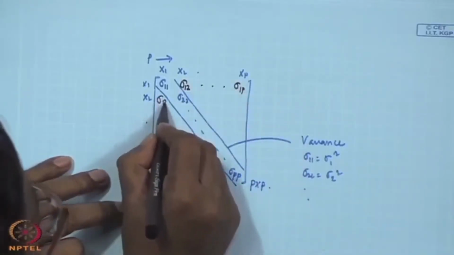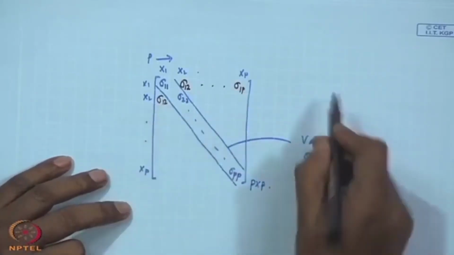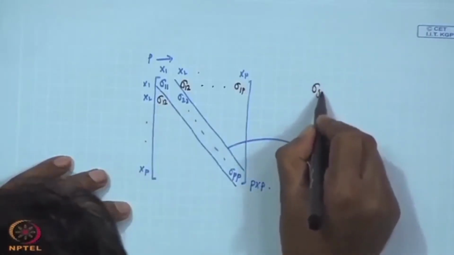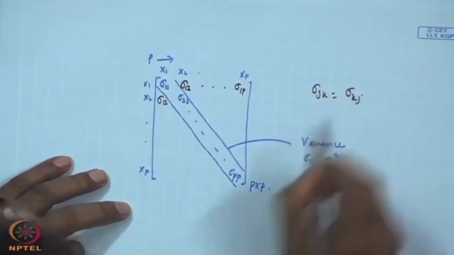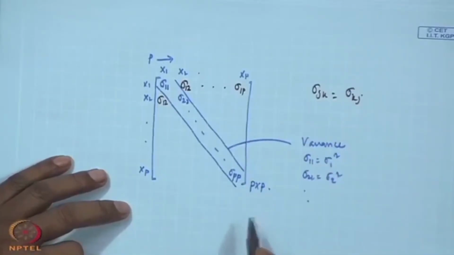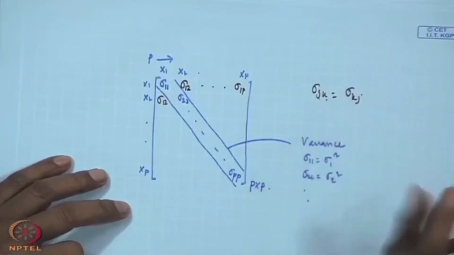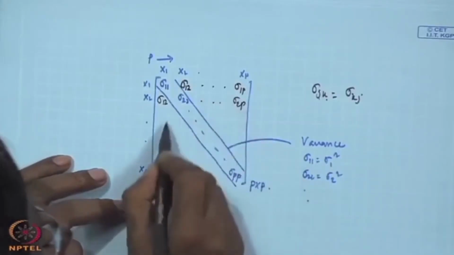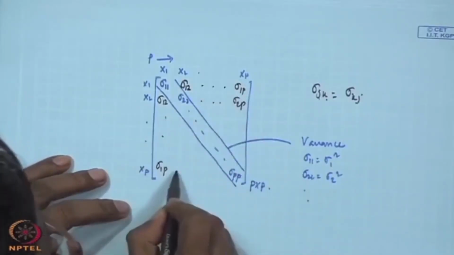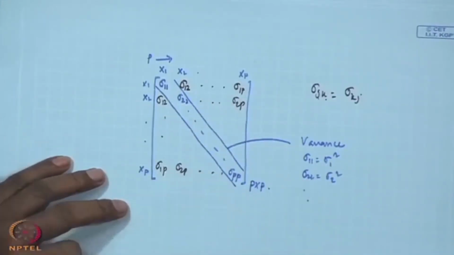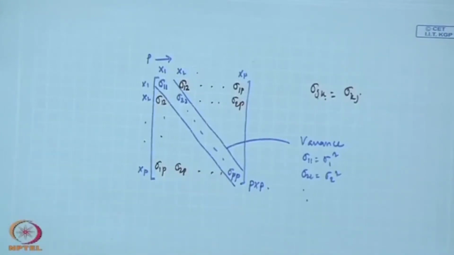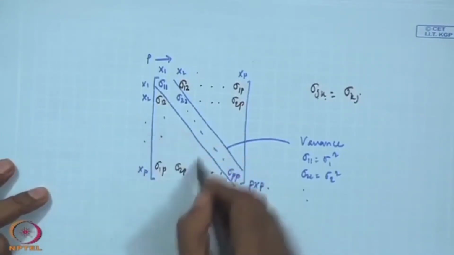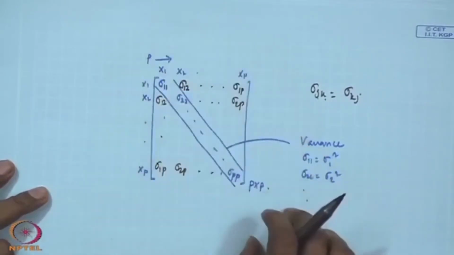Again I am writing 1 2 instead of 2 1. What is the assumption we are making? Sigma j k equals sigma k j, because it is the jth variable and kth variable, the same 2 variables, only the order is changed. Then sigma 2 p; like this you will get sigma 1 p, sigma 2 p. So, off diagonal elements are the covariance part, and diagonal elements are the variance part.